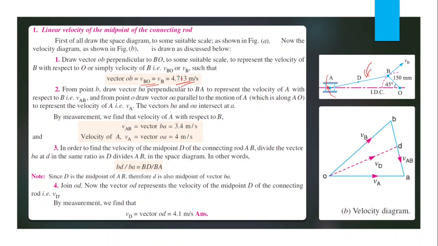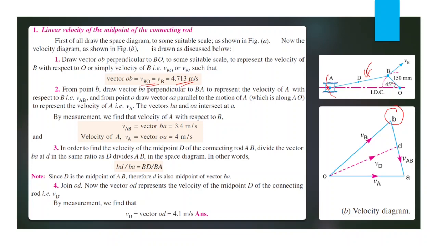Then we know this velocity. This velocity is velocity of B with respect to O, and that is perpendicular to link BO. So we can draw the velocity of B with respect to O. We have already calculated the magnitude of that velocity and direction.